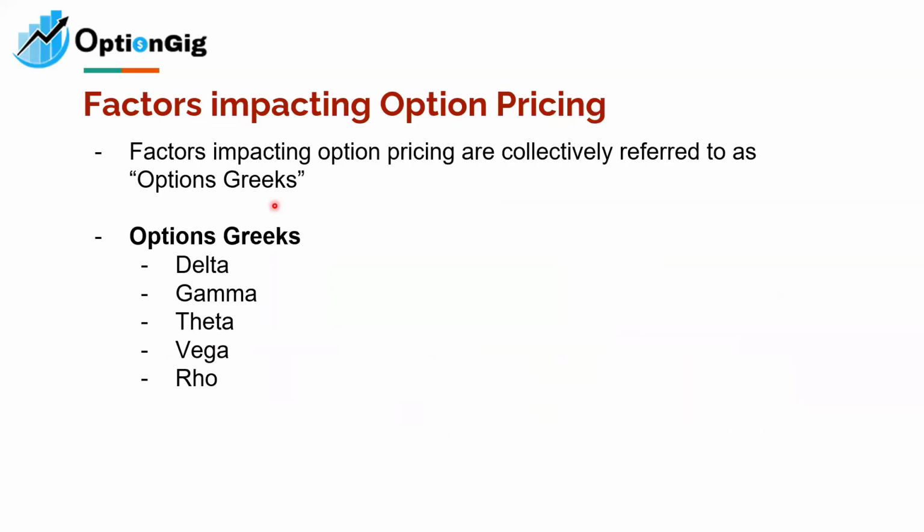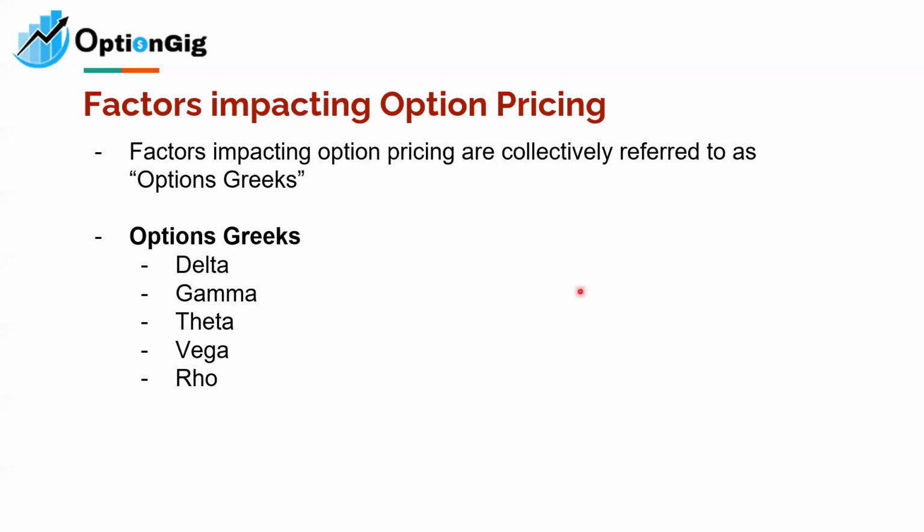If I want to understand, if the stock goes up by $10 and everything else remains the same, what will be the option pricing? I want to know that. In that case, I need to understand Greeks.